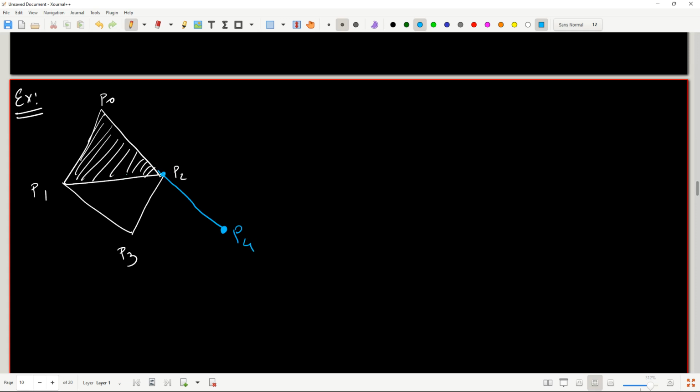If you take any of the faces, the first condition is easily satisfied. For the second condition, you can take any one face, two face, and check easily from this drawing that none of the faces intersect each other, meaning their intersection is null. So this is a simplicial complex.